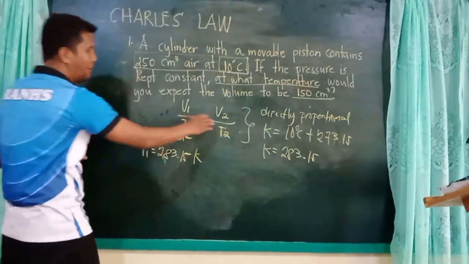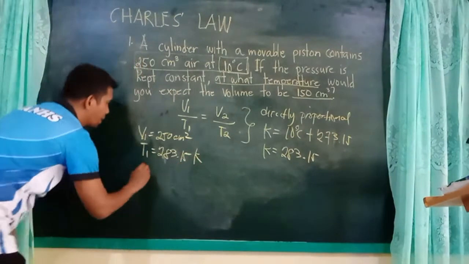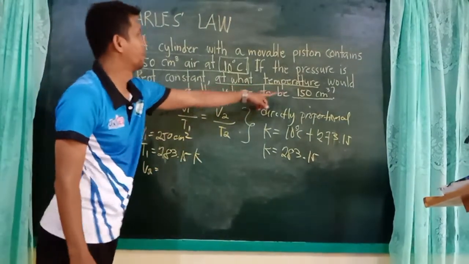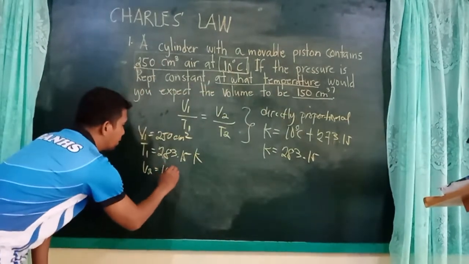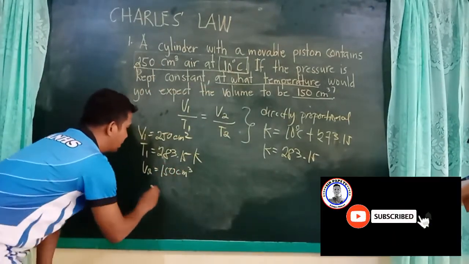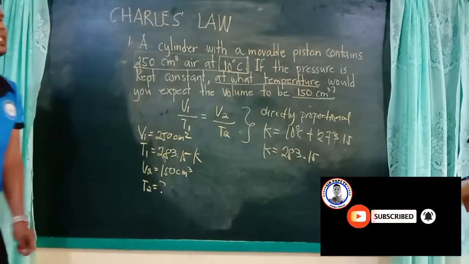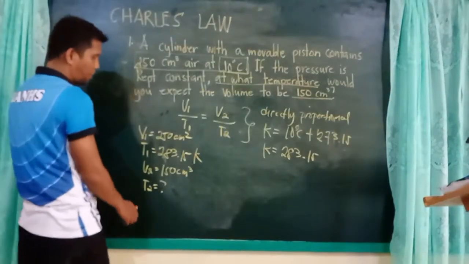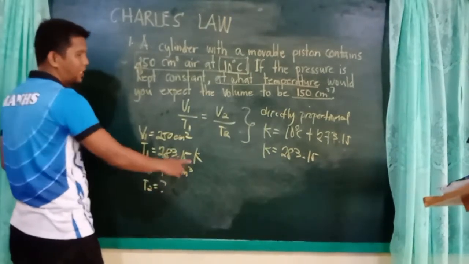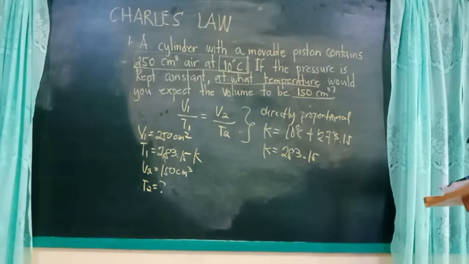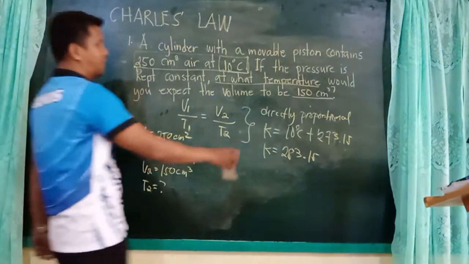Now our V2 is 150 centimeter cube, and our T2, which is what we are looking for, is missing. If you are going to solve for this one, our T2 would be in Kelvin because our T1 is already in Kelvin. Now, let's solve.